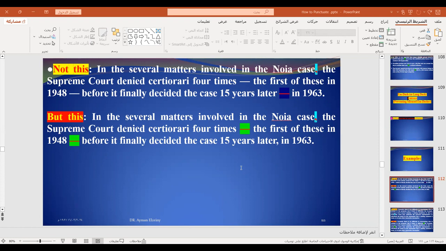The first of these was in 1948 before finally deciding the case 15 years later in 1963. In such a case, we must remove the em dashes here before 1963.